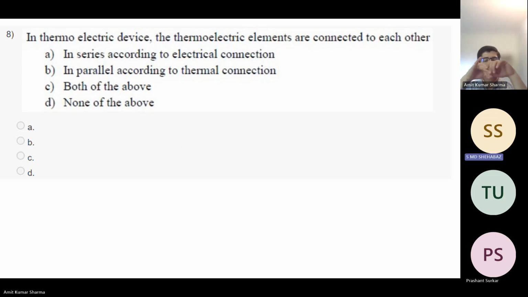Sir, series according to electrical connection. So you are saying option C, in series according to electrical and in parallel according to thermal. What is your reasoning? Any idea? Anything?